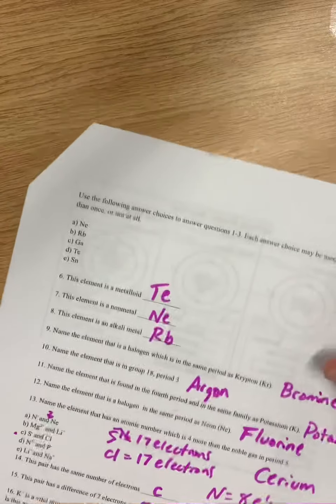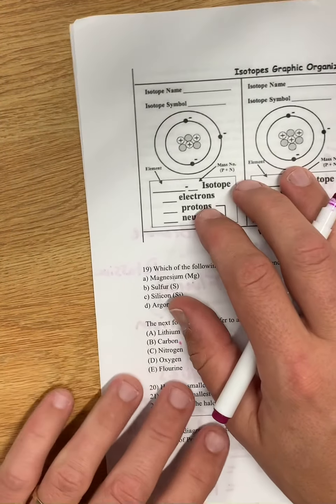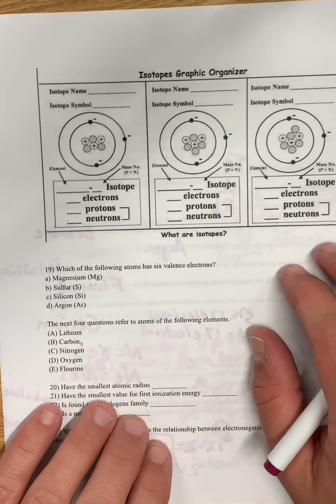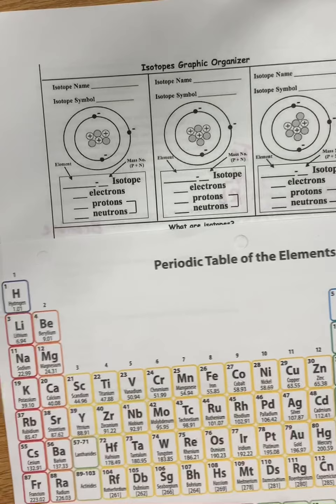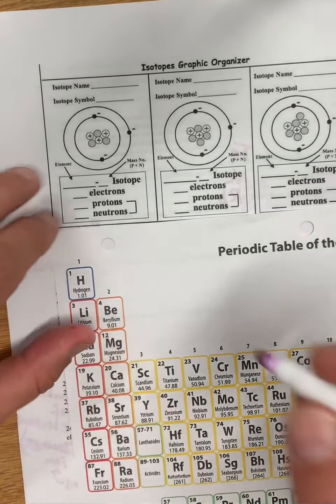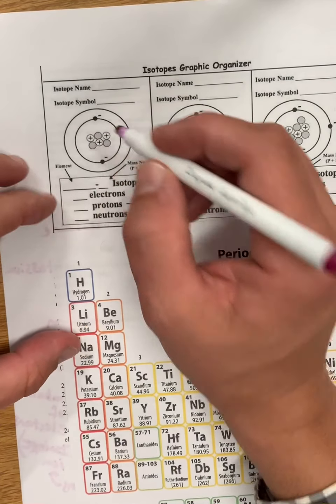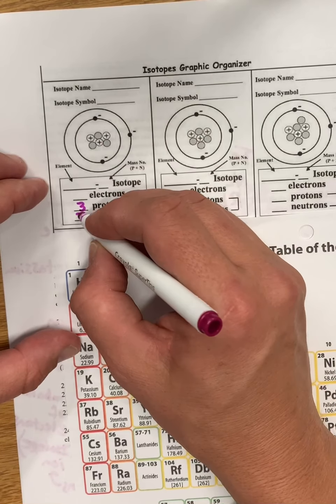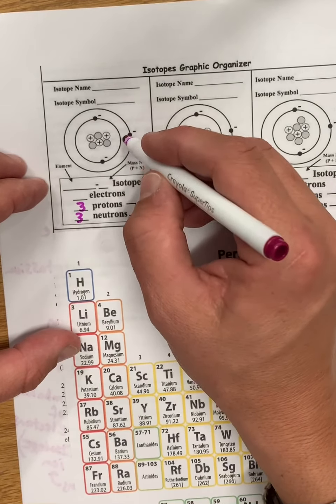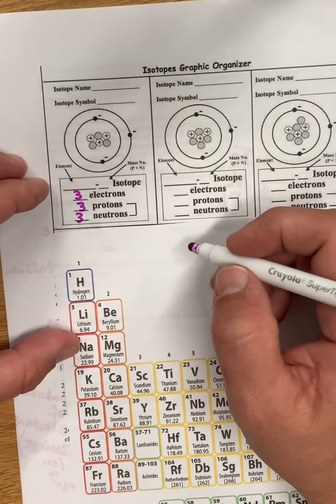Right, complete the following table. Okay, so some more isotope practice. We'll count up the protons, electrons, and neutrons first. I see that there are 3 protons, 3 neutrons, and 3 electrons.